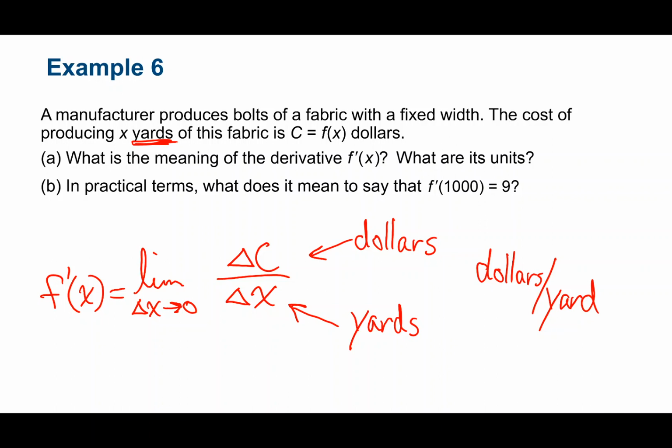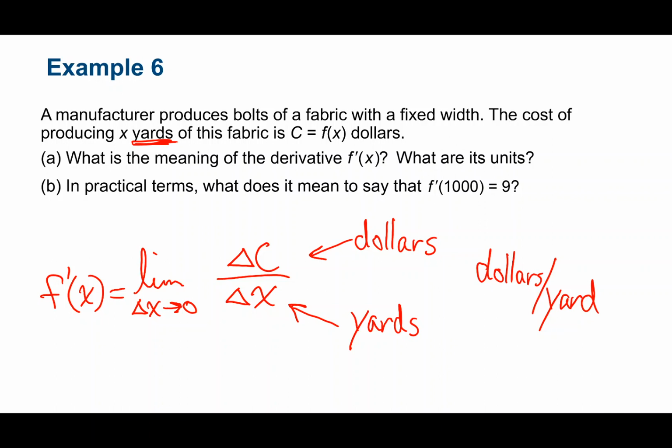Okay? So maybe when we get to like x equals 50,000, where we're making 50,000 yards, maybe our cost of production would be going down. Okay? We don't know. We don't have all the information. We don't have the whole equation there. But that would be our interpretation. Sometimes it's kind of hard to interpret that with no context, but that's what it's saying.